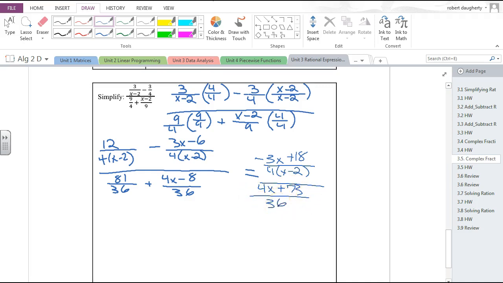Okay, so now you've got fraction over fraction. Turn this into a multiplication problem. Any simplification now?